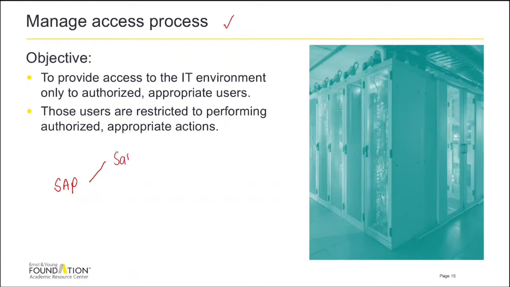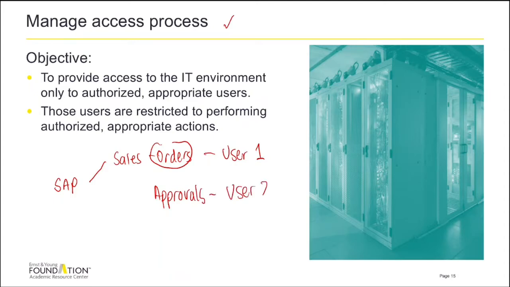Within the sales module or the orders, only a certain user would have access to this module, and then approvals will be assigned to a user number or another user.